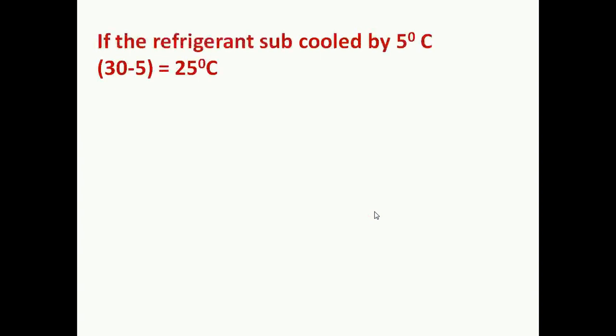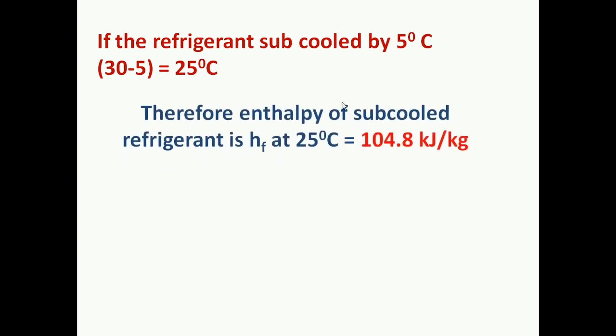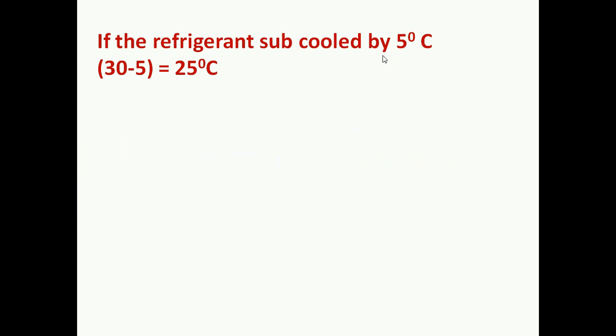Cool. If the refrigerant is subcooled by 5 degrees Celsius, please note it is subcooled by, not to. Therefore, it is 30 minus 5, subcooled by 5 degrees Celsius means 25 degrees Celsius.